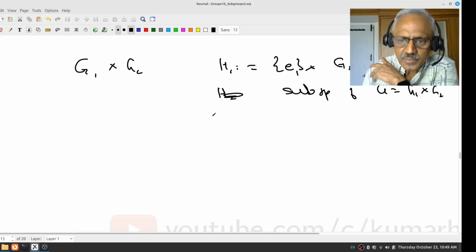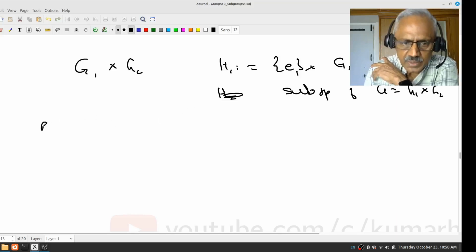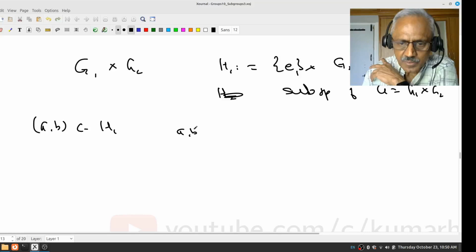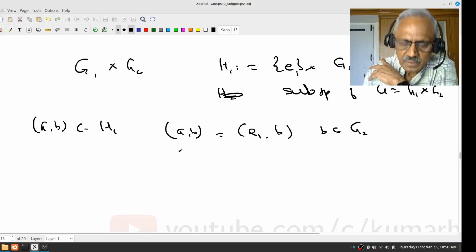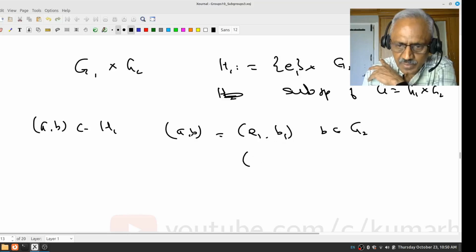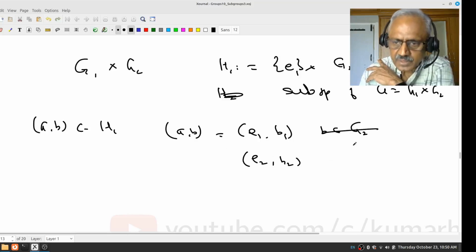Why? Because for any element of H1, it must be of the form (e1, b), where b is any element in G2. Take two elements: (e1, b1) and (e1, b2).